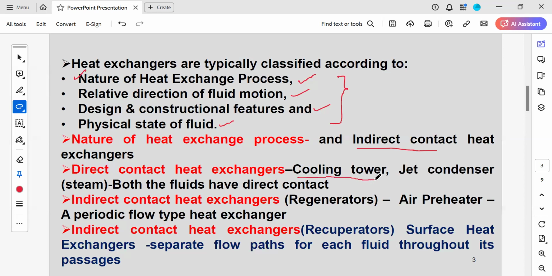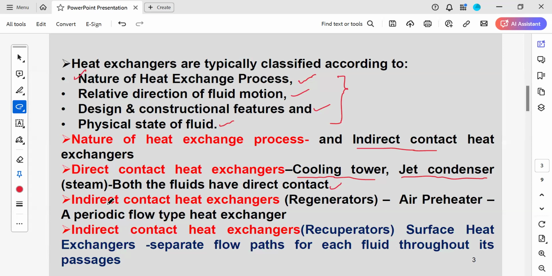In a cooling tower, hot water is taken to a certain height and dropped so that it is cooled with the help of atmospheric or surrounding cold air. That is called a cooling tower. Similarly, a jet condenser: in a jet condenser also, steam is cooled with the help of cold fluid by direct contact. So when both fluids have direct contact, it is called a direct contact heat exchanger.